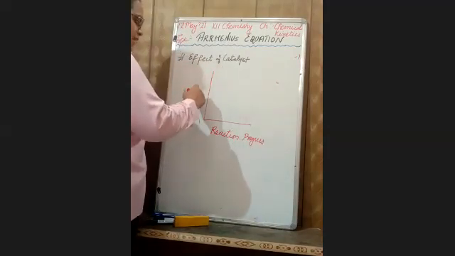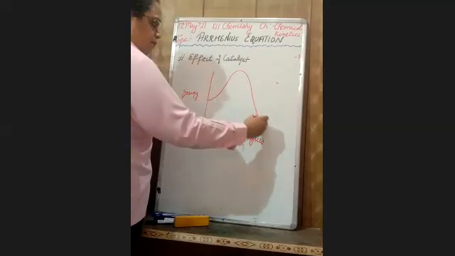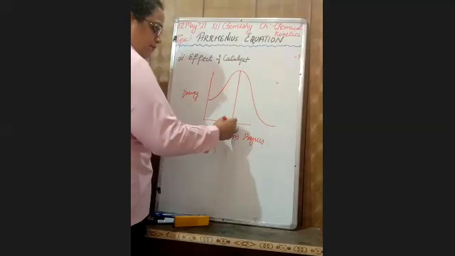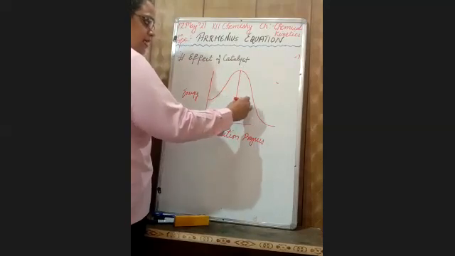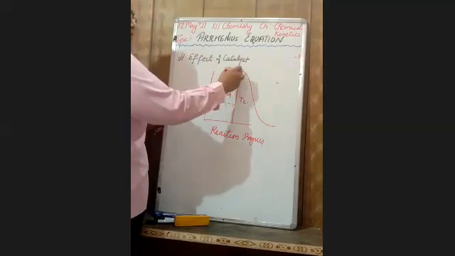For activation energy, suppose this is the graph without catalyst. This is your threshold energy and this is your activation energy.